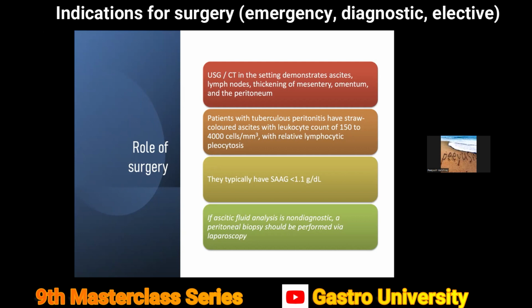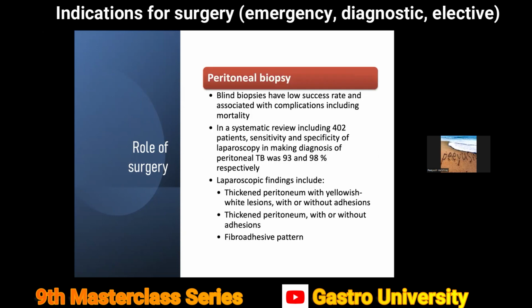If the ascitic fluid is non-diagnostic and the clinical suspicion of peritoneal tuberculosis is high, then a peritoneal biopsy is usually indicated in the form of a diagnostic laparoscopy. Blind biopsy usually has a low success rate.